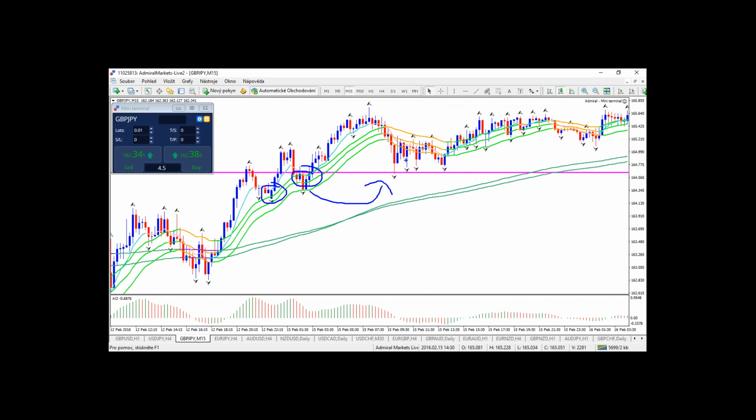Obviously, 21 EMA is bearish, not only for 4 or 5 candles, but a significant amount of candles. Let's take a look. 17, 16, right? Big difference. Price didn't really escape from it, but it remained below it for a while.